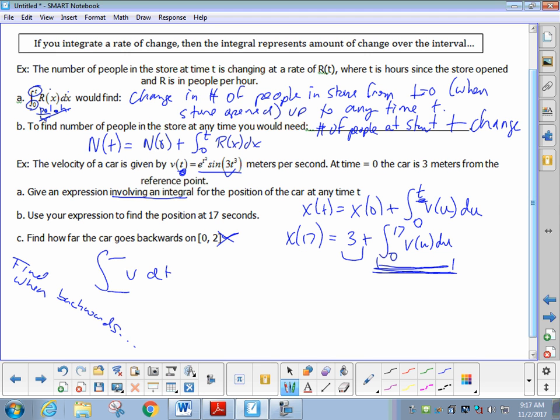If I were doing this analytically, that is exactly what I would do. Graphically, because I have a graphing calculator and that function is stinking hideous, what else could I do with my calculator? I could graph it and look at where the graph is below the axis on 0 to 2. I would definitely set my window to 0 to 2.